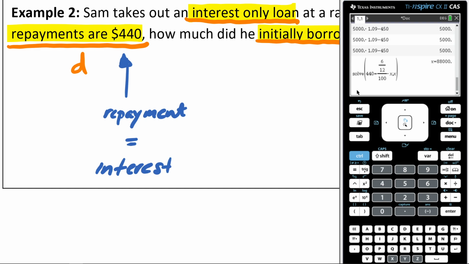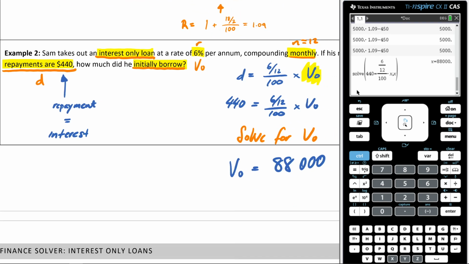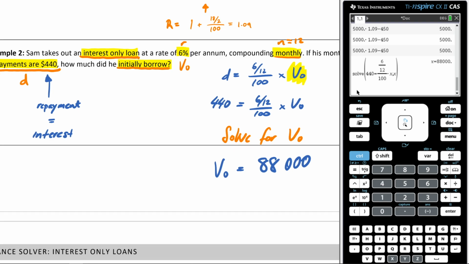And if we go back to our formula here, do you see how the formula to find the repayments of an interest-only loan is you're simply finding the interest generated? Because the interest generated, 440, is what your repayment is going to be. So I think that's important just to get a head around as well. So there we go. There's example 2.